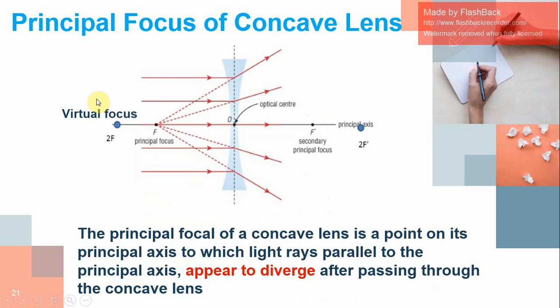And we discuss the principal focus of a concave lens. We take a concave lens, with light passing from left to right. These lines are rays parallel to the principal axis. These parallel rays are deviated from the original path. Here this is the axis of symmetry, the dotted line. After reaching the axis of symmetry, the light is diverged.